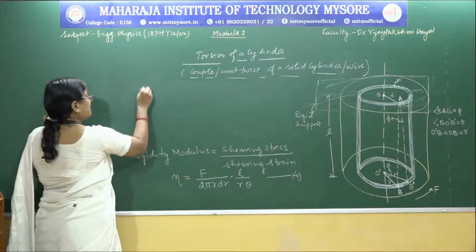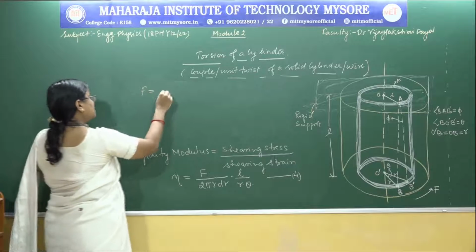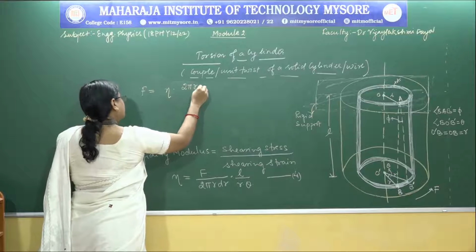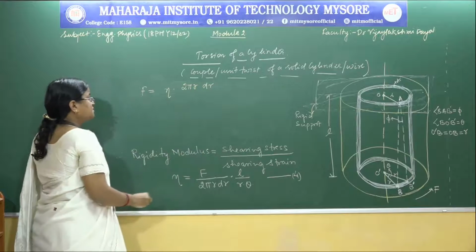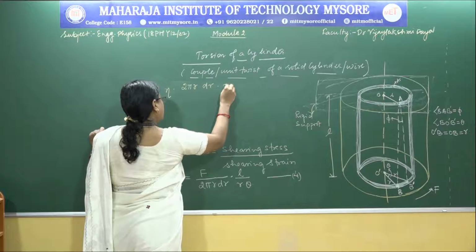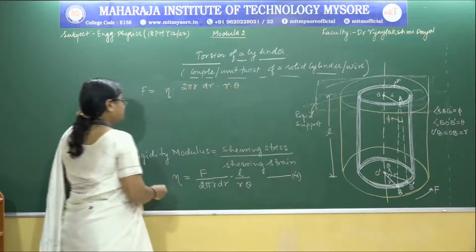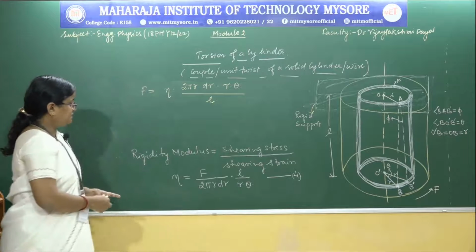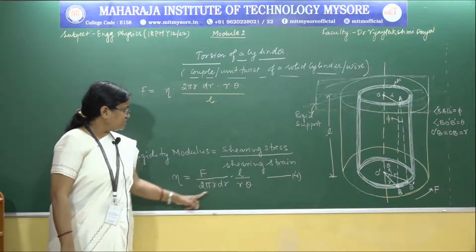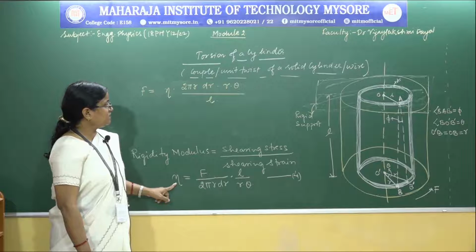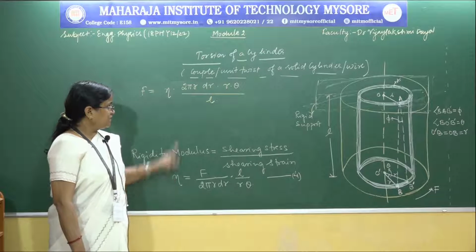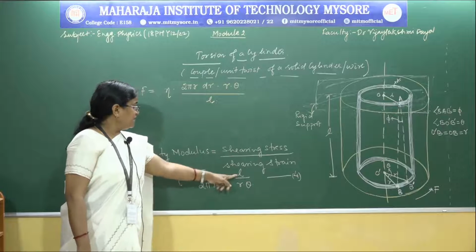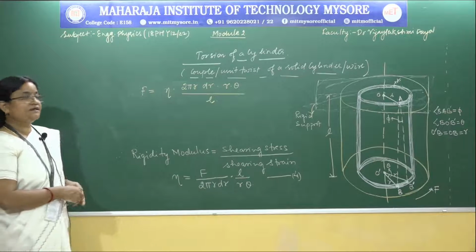So the force applied will be equal to eta into 2 pi r into dr into r into theta divided by L. F will be equal to what is in the denominator, that will be multiplied with the rigidity modulus. So eta into 2 pi r dr into r theta, and L will come to the denominator.